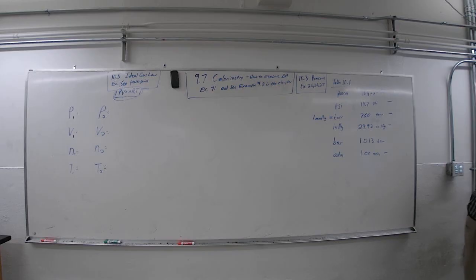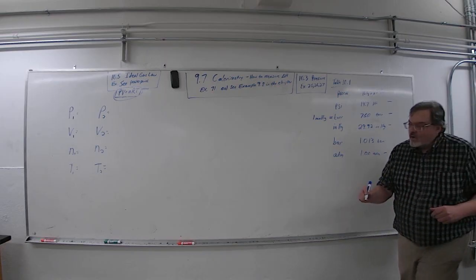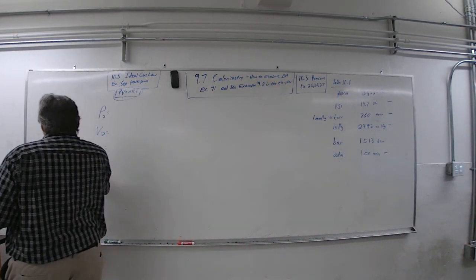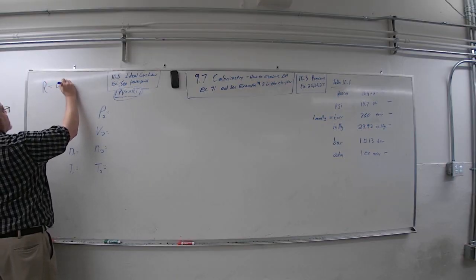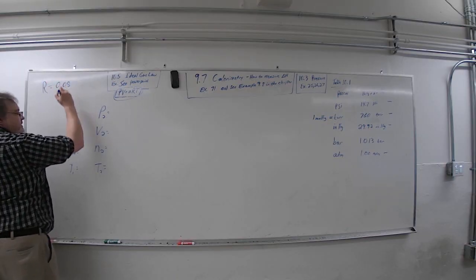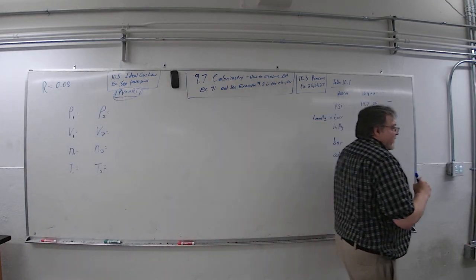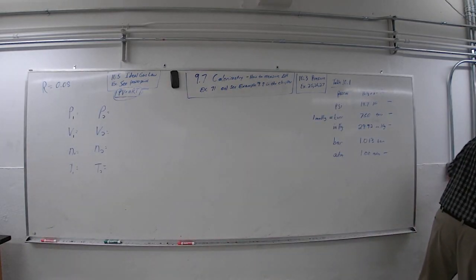You need this. I'll write it up here. Now we need the R constant, 0.0821. There's different R constants for different pressure values and stuff, but I'm just going to stick with this one.